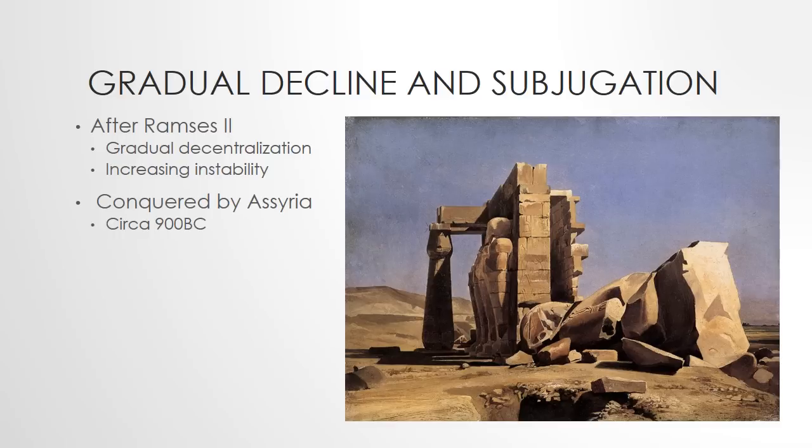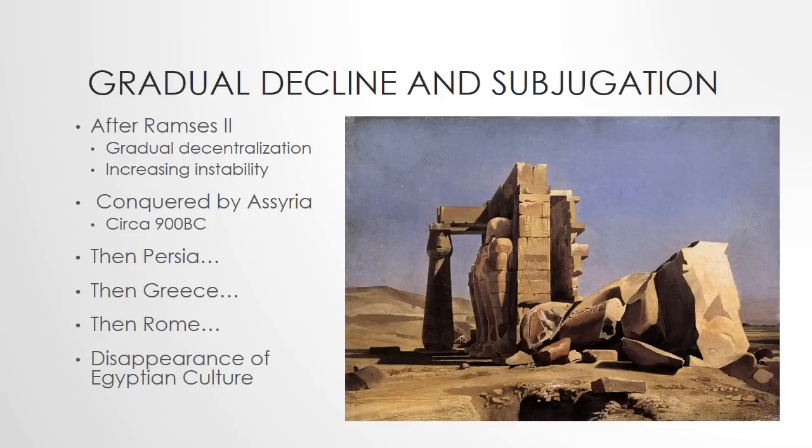After that, Egypt is conquered by Persia, and then by Greece, and then by Rome. Egypt has failed to remain an independent civilization and is slowly absorbed into these other civilizations. And what we see is the gradual disappearance of an independent Egyptian culture as Egypt takes on the cultural aspects of these other empires that have absorbed it. And so that is pretty much the end of the Egyptian civilization.